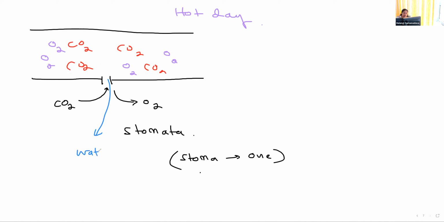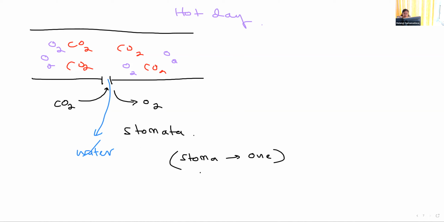So you learned this water evaporation last year, right? The transpiration pull and everything. The stomata is not for the water evaporation, but if you have an open hole, the water can evaporate through the stomata at the same time. But if there's a big temperature difference, there's lots and lots of water removed from the plants.